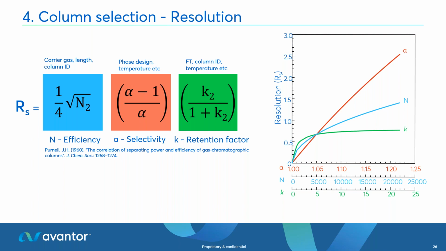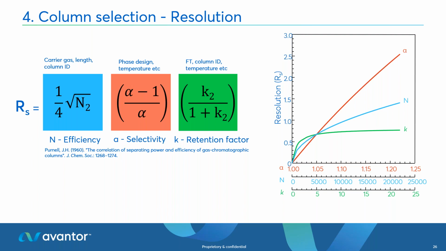Then when we've got a value between 2 and 5, these are the early eluters. So for better resolution, we can increase the film thickness or decrease the temperature. This is because it's eluting too fast, so we need to make sure that we're creating more retention. This is why we have a thicker film thickness and decrease the temperature.